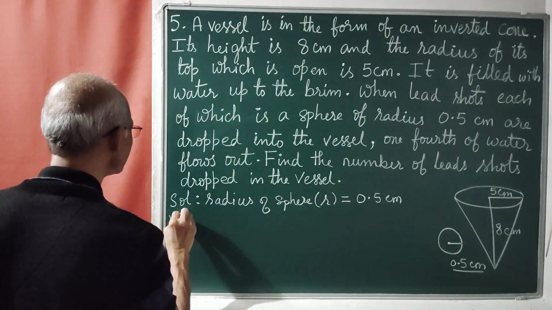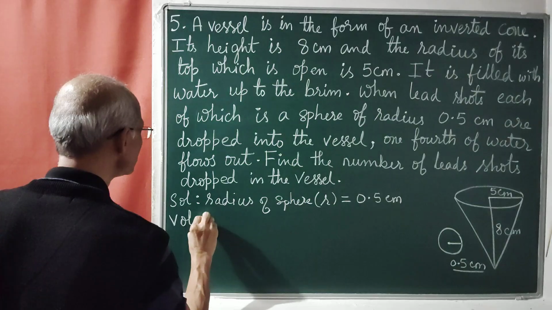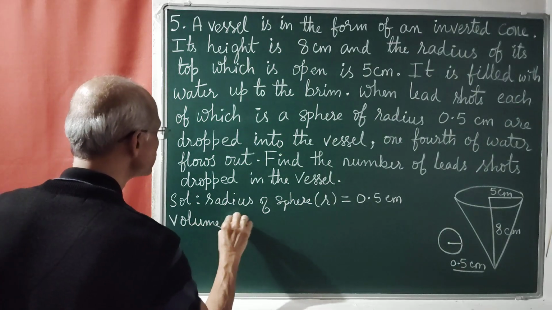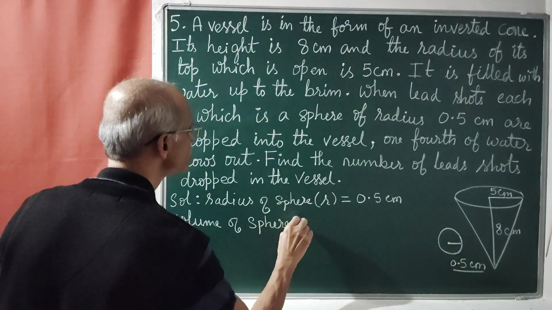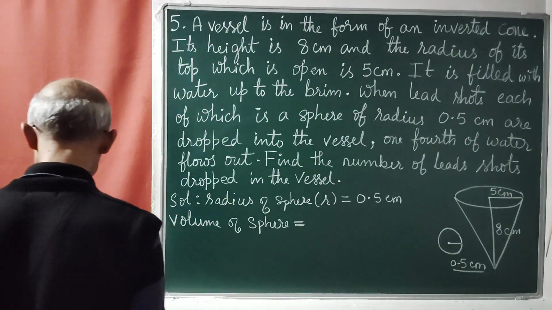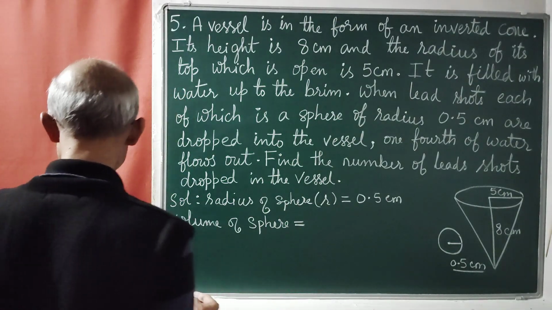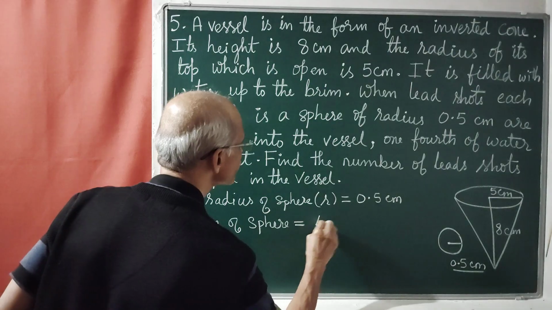Volume of sphere is equal to 4 by 3 pi r cube.